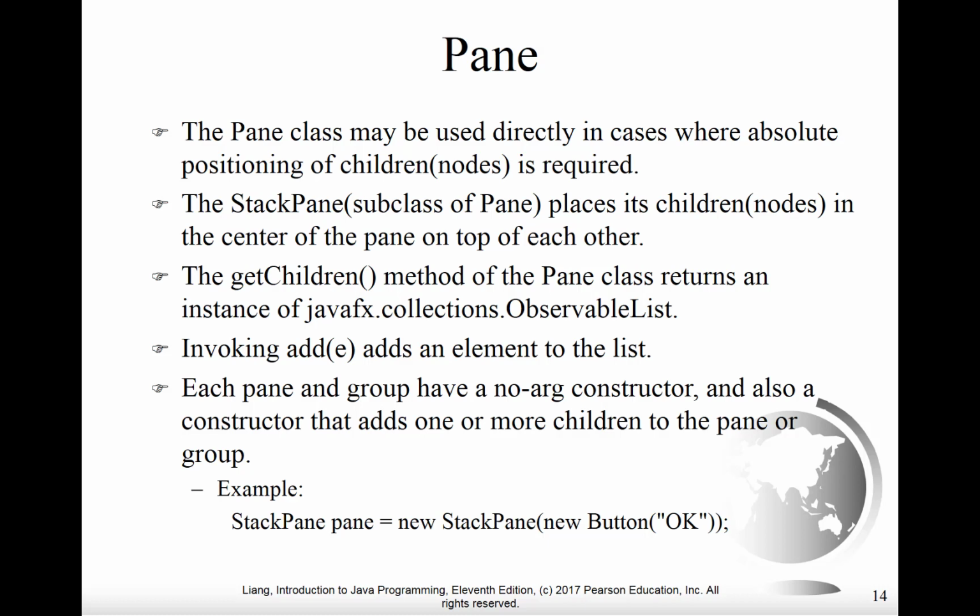We can set it equal to new StackPane, and here's where the constructor is being used. Although there is a no-arg constructor that we could use, in which case we would get an empty stack pane, we can drop a button in it immediately if we want, by including a single argument where we put that button, or in general whatever that node is, as an argument for StackPane.